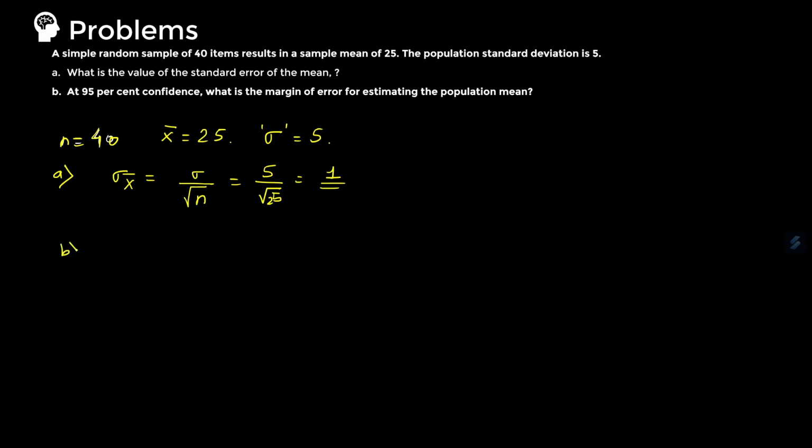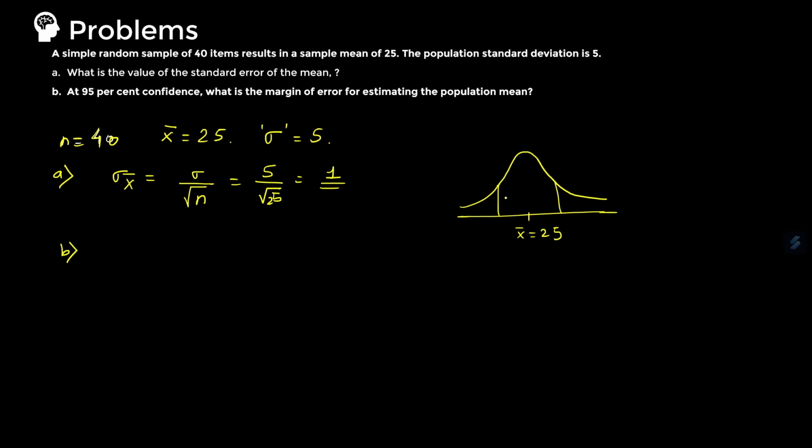Now B is asking us: at 95% confidence, what is the margin of error for estimating the population mean? Very simple. Let's draw the diagram first. This is our normal distribution curve. In the middle lies our x bar, which is 25.